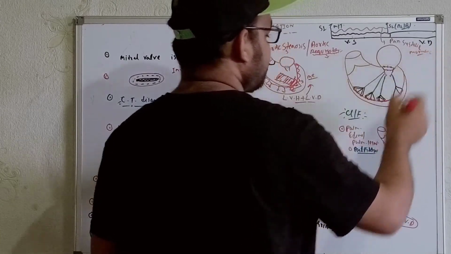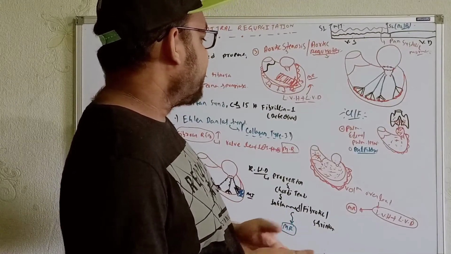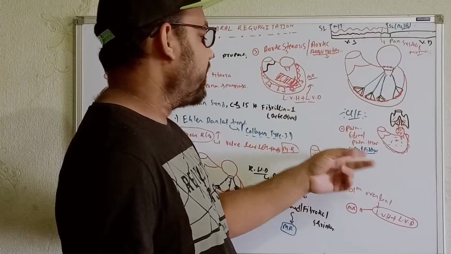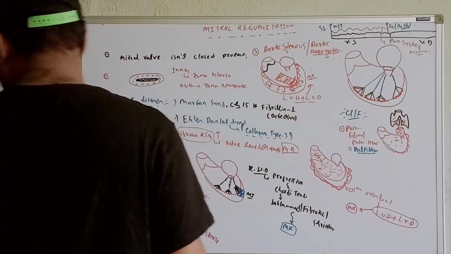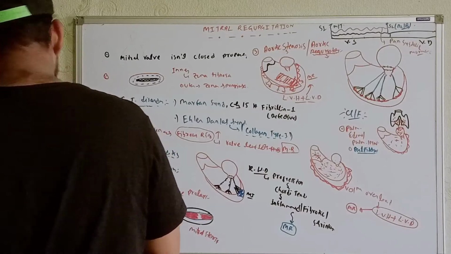Hope it's clear for you guys. Whatever other features I said, we can get pulmonary edema, pulmonary hypertension, and palpitations also. Now how can we examine or investigate these patients? Let's talk about those things.